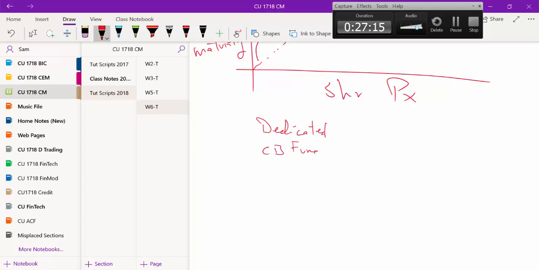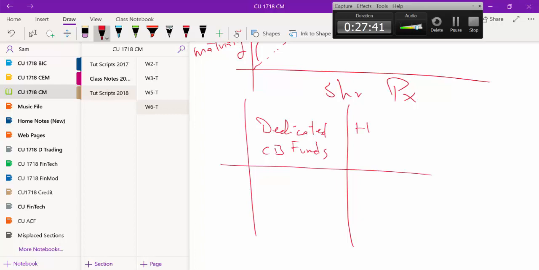There are funds like that, and they would be part of the mutual fund product, maybe Fidelity or Templeton. So you give them money, they buy the CB and they just sit on it. Now that's the dedicated CB funds. The other big investor are the hedge funds.